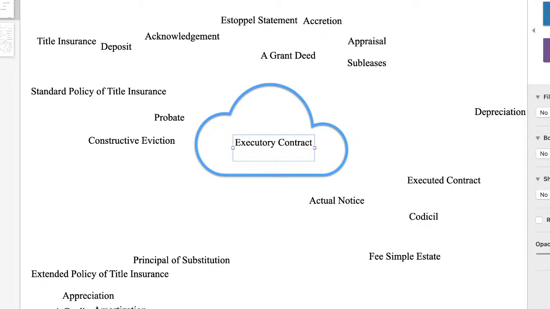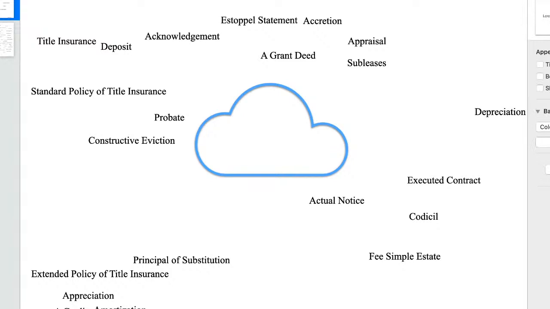Executed contract. That's an executed contract. Good. Executory and executed.